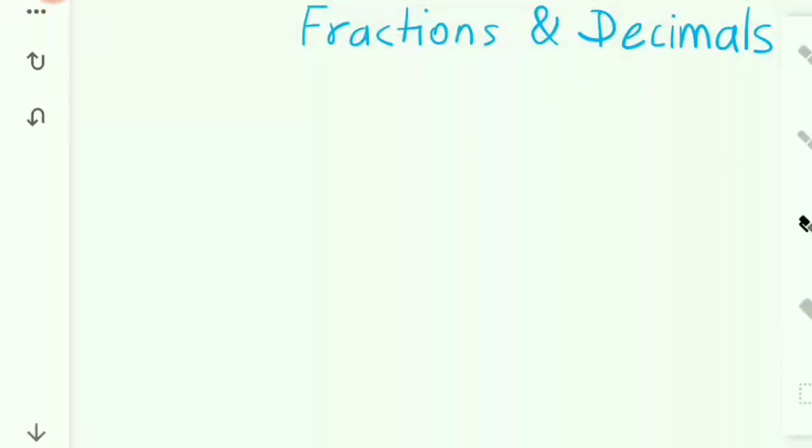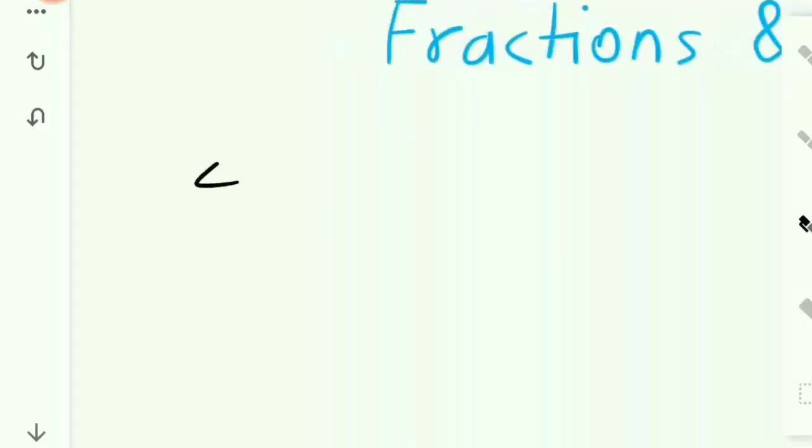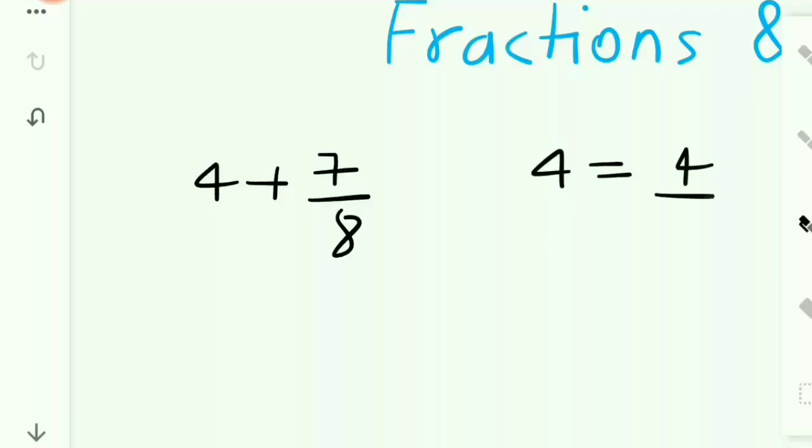We'll start with addition of a fraction with a whole number. This here is a whole number and this here is a fraction. So the whole number 4 can be written as 4 divided by 1. So we'll write it like this. And what do we do next?